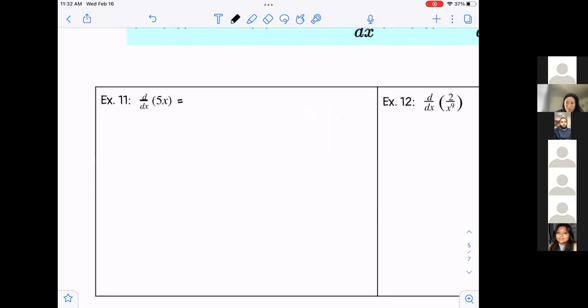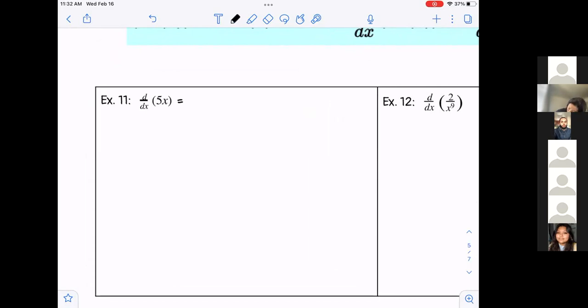What is this derivative? Five. Yeah. Why is it 5? X to the power of 1, 1 times 5, and then x to the 0 is 1, so 5 times 1 is 5. Good.